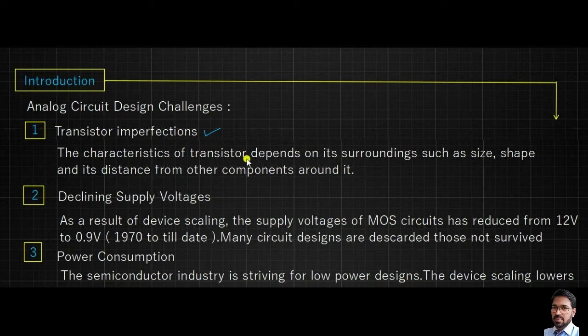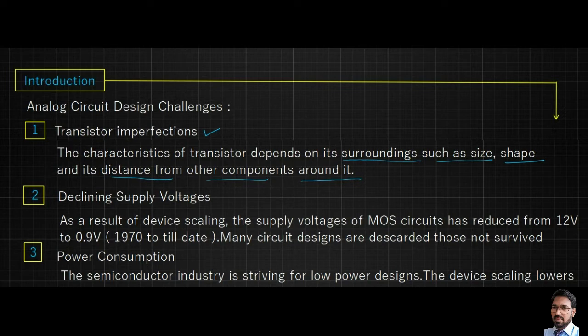The characteristic of a transistor depends on its surroundings. This is an important factor in the design technology adopted, such as size, shape, and its distance from other components around it. Billions of transistors are fabricated on a single thin silicon wafer, and the distance of a transistor from the others will decide its characteristic.